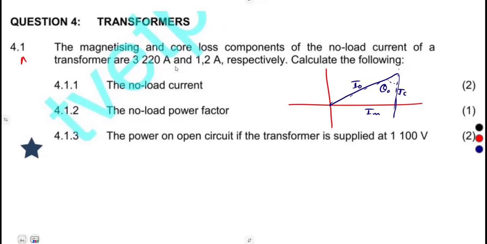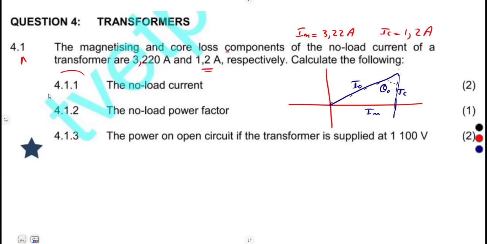So the magnetizing is given here. This was just 3 comma, it was an error. So the magnetizing is 3.22 amperes. And the other one, the core loss, is 1.2 amperes.